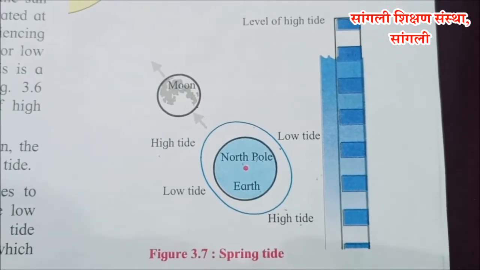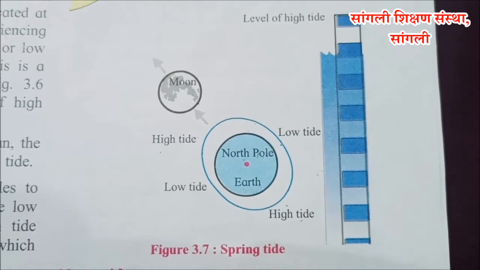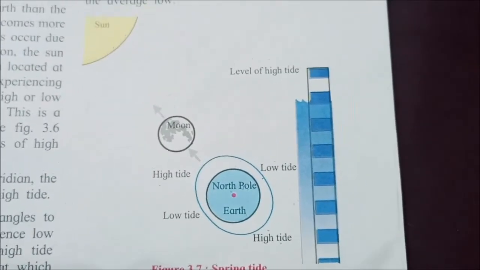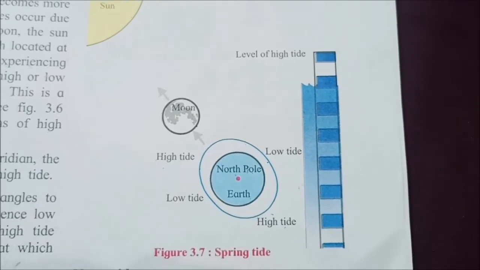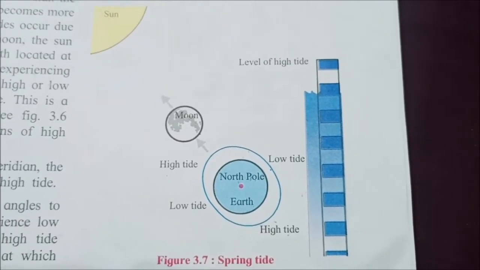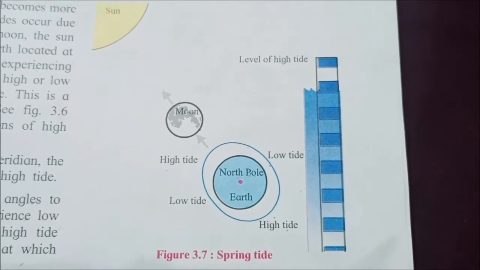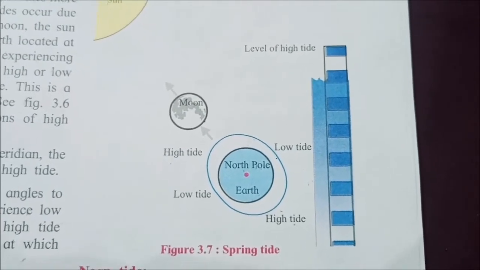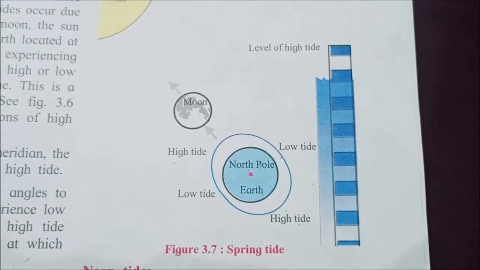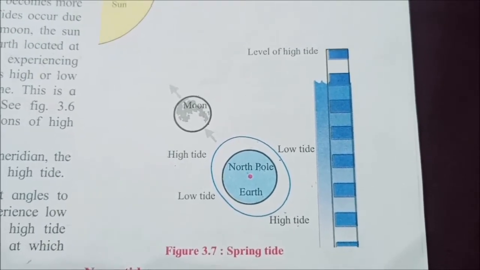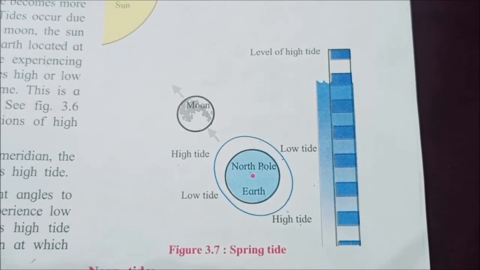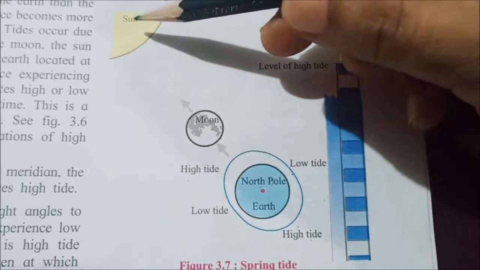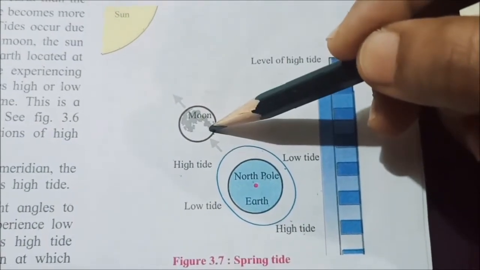Now, this is the image or figure which you can see that shows you the spring tide. The situation of the sun, the moon and the earth, or the angles made by these three celestial bodies. So, on new moon and full moon days, the gravitational pull of the sun and the moon act in the same direction. Here you can see the sun and the moon.